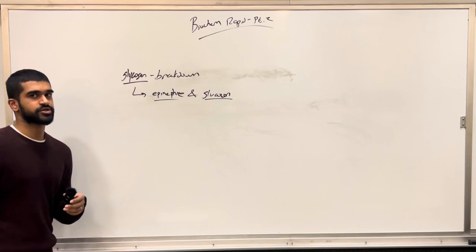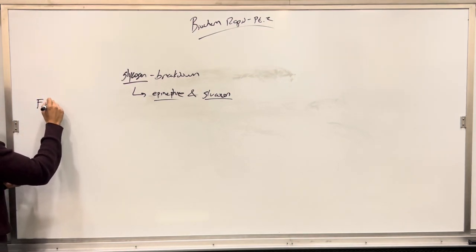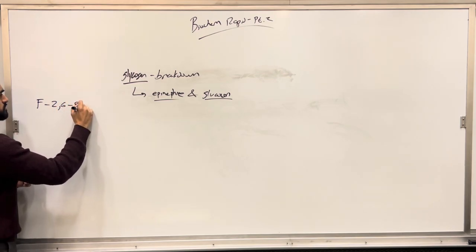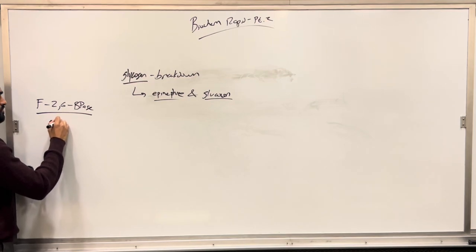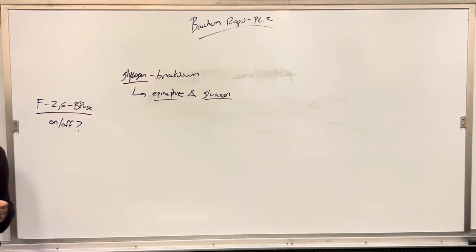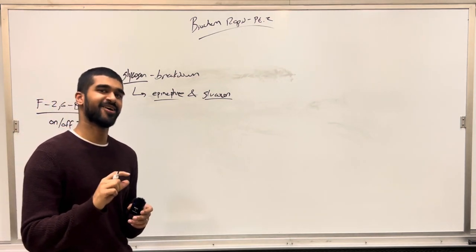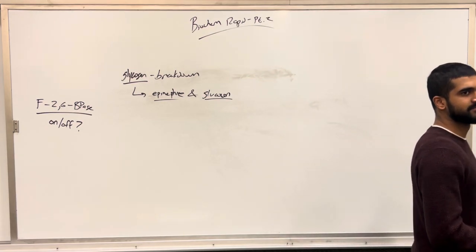Here's an upper level question. Fructose 2,6-bisphosphatase, on or off when glycogen is being broken down? Think about it.